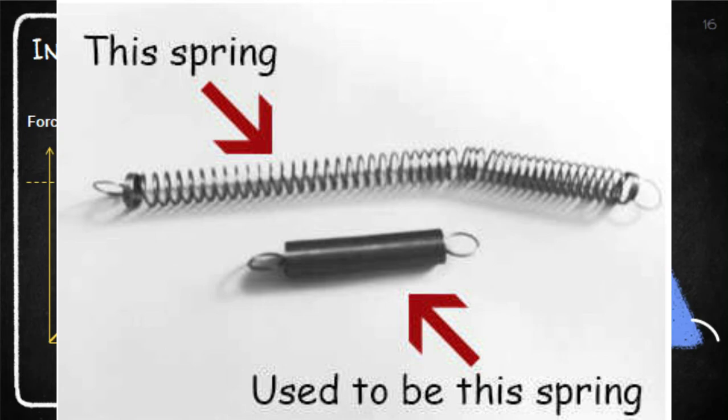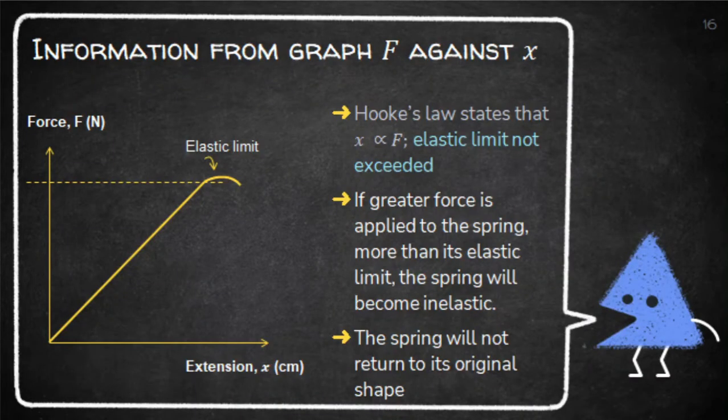Again, what is elastic limit? Elastic limit is the maximum force which can be given to a spring so that the spring can return to its original shape or position. If a higher force than elastic limit is given to a spring, then the spring will not return to its original shape.